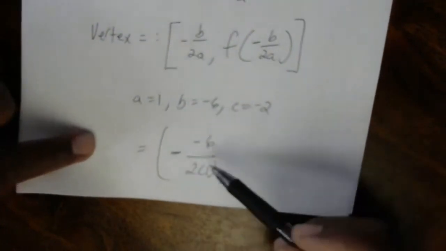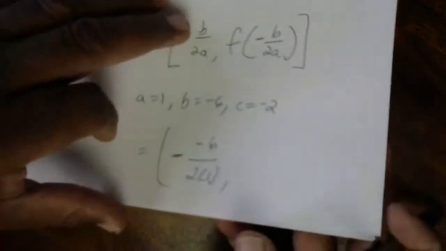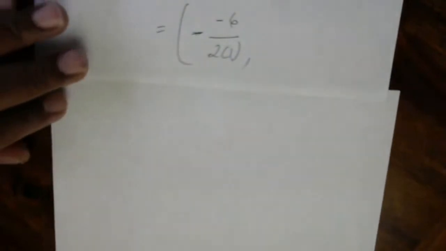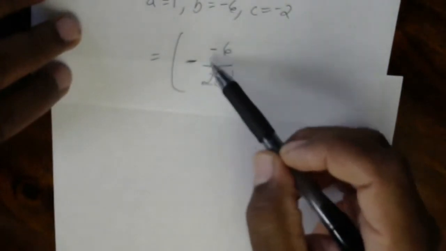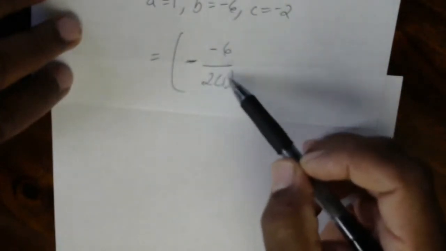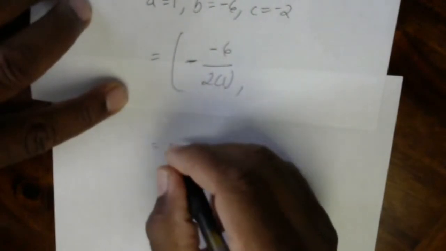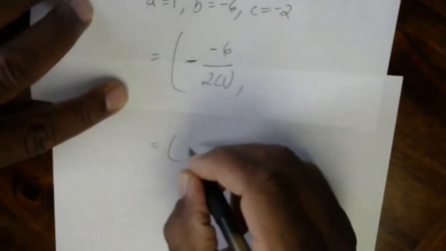Okay, so I'm going to simplify this. So that should actually simplify down to give us a 3. Right? A negative times a negative is a positive. 6 divided by 2 is 3. So that's a positive 3.